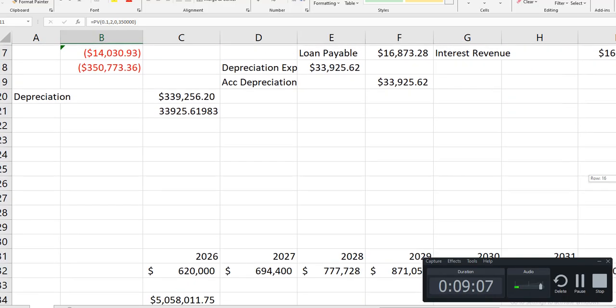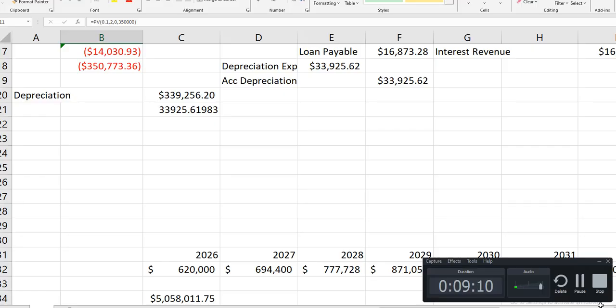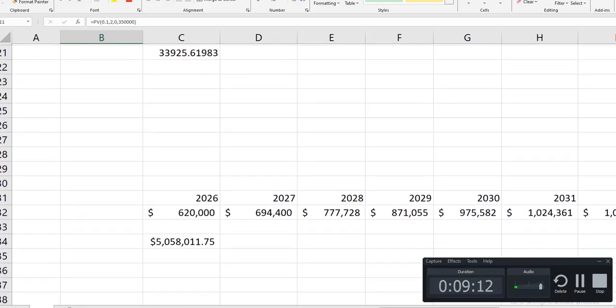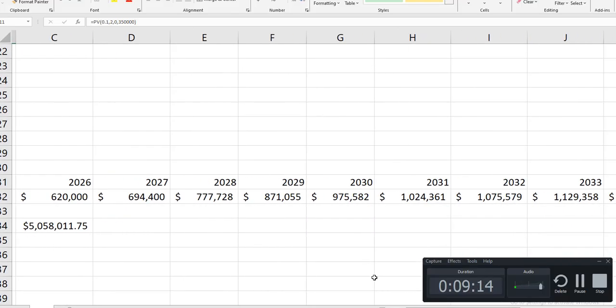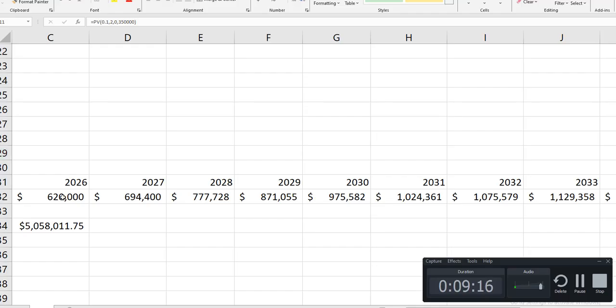And then finally, we have a series of unequal payments, which means we're forced into using the net present value because in year 1, we make $620 and then it goes up by 12%, 12%, 12%, 12%, and then it only goes up by 5%, 5%, 5% for the rest of it.